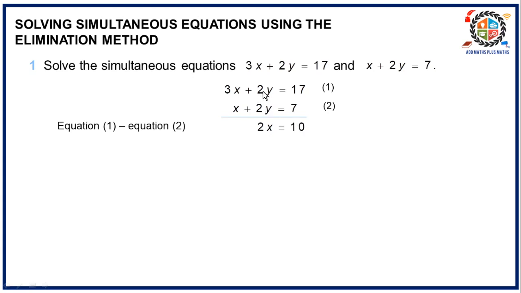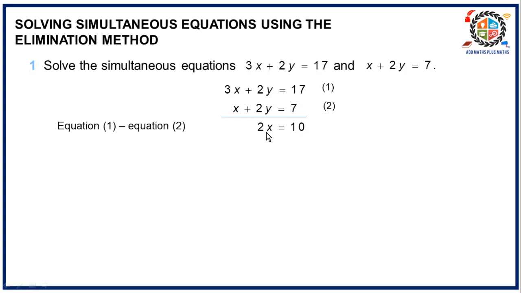And remember, 2y minus 2y is 0. Do I need to put in 0 over there? No need. So I'll end up with 2x is equal to 10. If you end up with this equation, 2x is equal to 10, then what you need to do is divide both sides by 2 so that I can make x the subject of the formula.